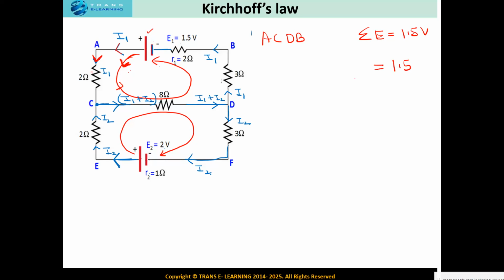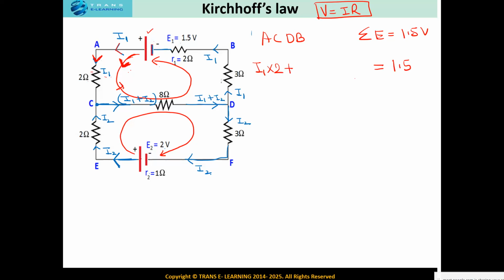As we know, the potential difference or the EMF V is equal to IR. So in that case, the current I1 is passing through the 2 ohm, and as the direction is the same as that of the loop, it will be V equals IR. That means I1 you are going to add.